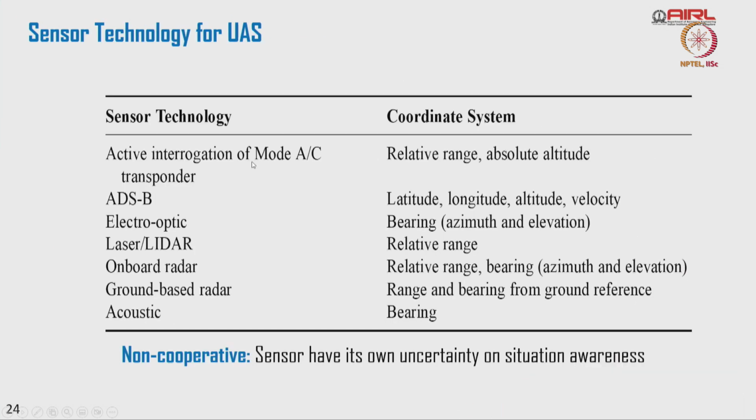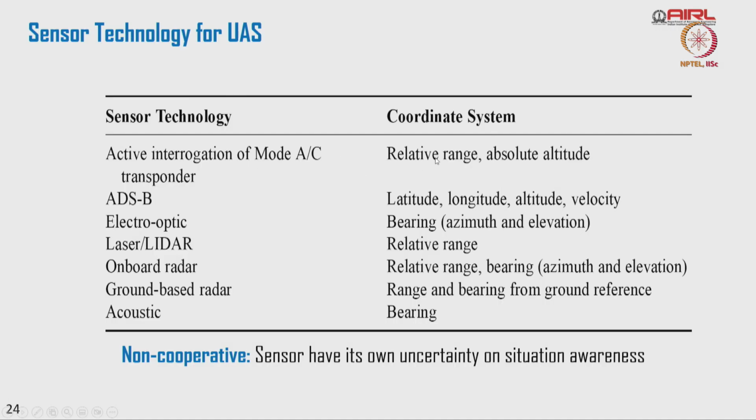Right? Now let's look at sensor technology. You have various sensors, right? You can use an electro-optical sensor, which is a camera. You can have a LiDAR or laser, radar, or acoustic sensors. You can use any of them. Every sensor has its own coordinate system.